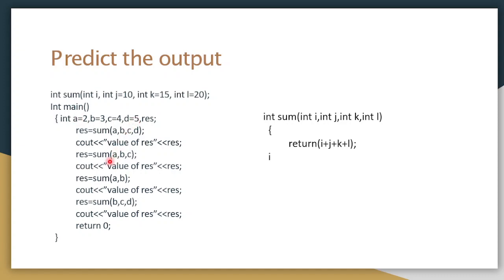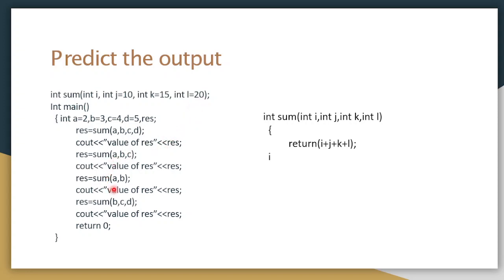But consider the case sum(a, b, c). We don't have the fourth value, which is l. So it will take the values 2, 3 and 4, and takes the value l equal to 20.